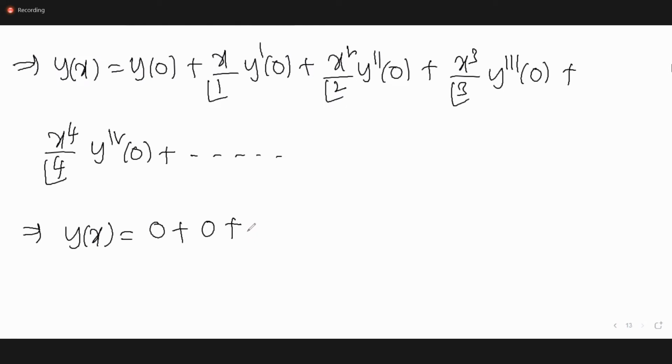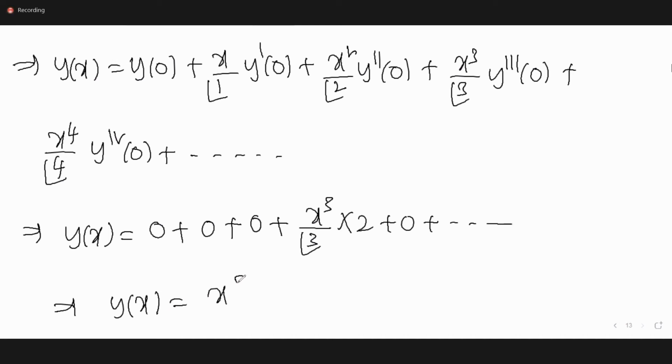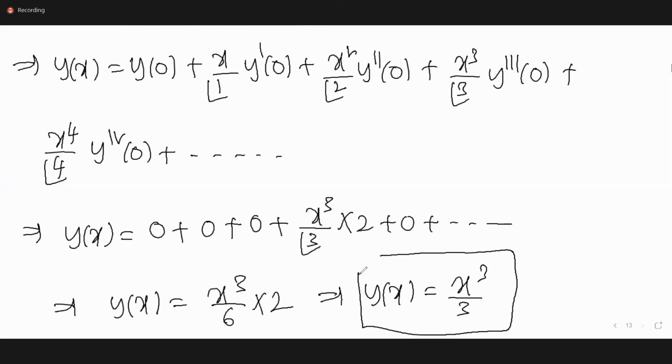Y double dash of 0, 0. Y triple dash of 0, that is 2, plus 0 plus so on. So y of x is equal to x cube by 6 into 2, so y of x is equal to x cube by 3. So this is the required function for the given initial value problem.